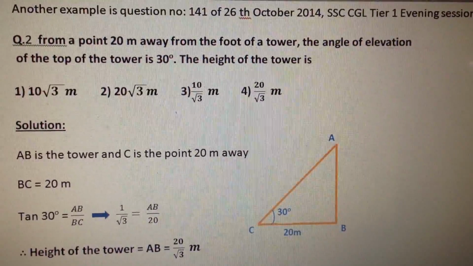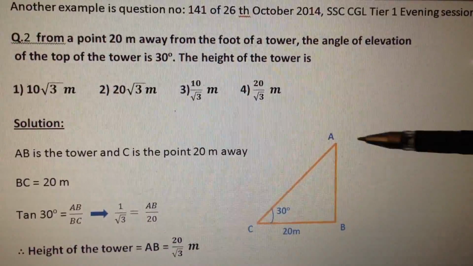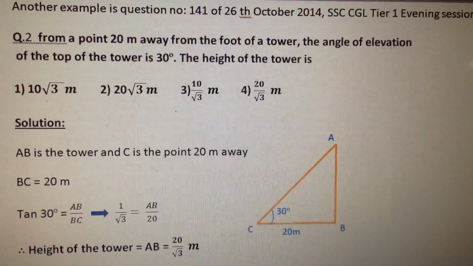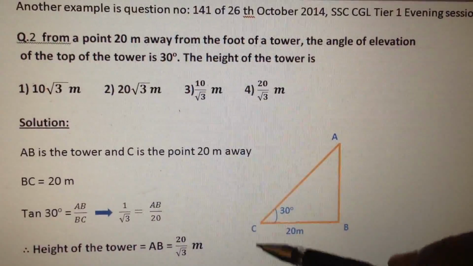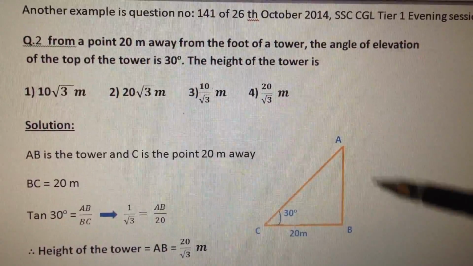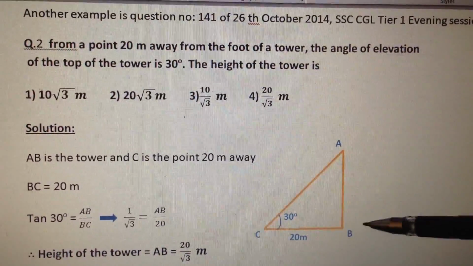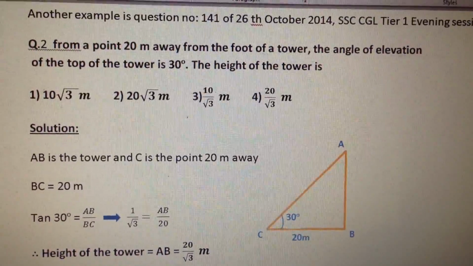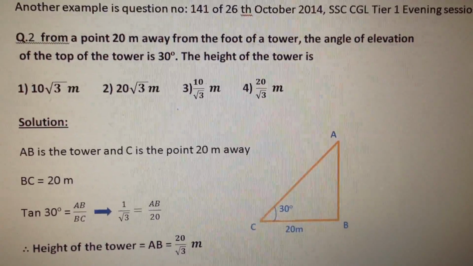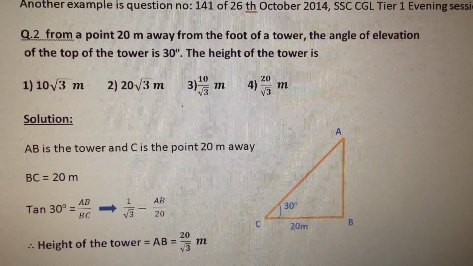Here is the solution. AB is the tower, and C is the point 20 meters away from the tower. So BC is equal to 20 meters. Here we are applying the trigonometric ratio tan 30.